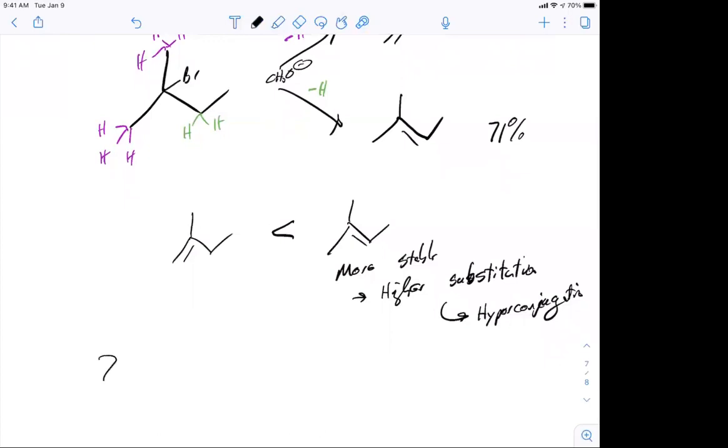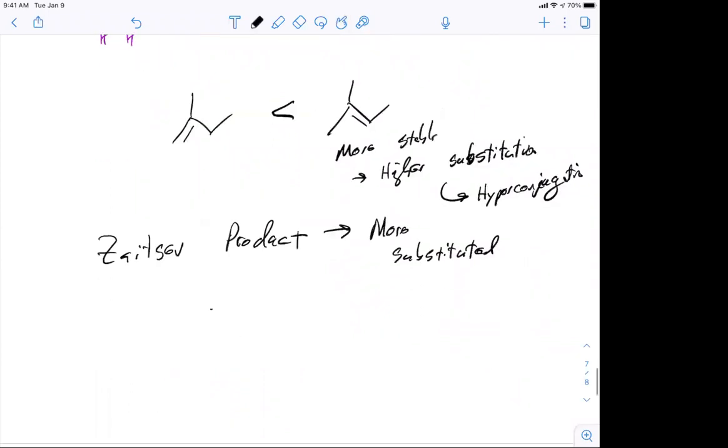This is known as the CHEM3053 product. And when we have non-steric bases, it prefers Hoffman. I mean, it prefers CHEM3053.